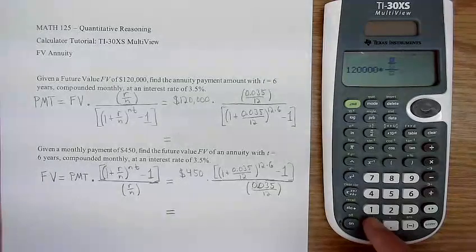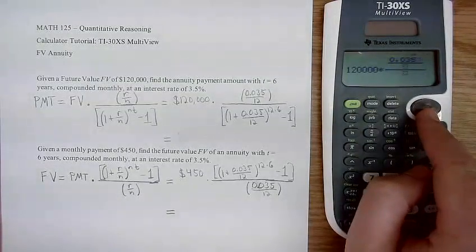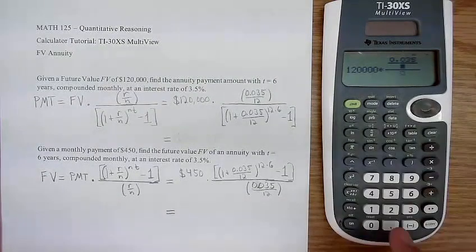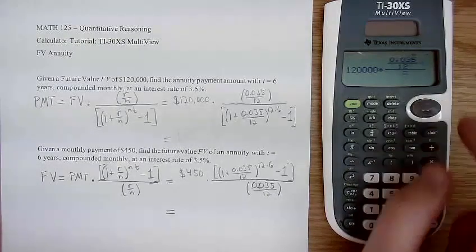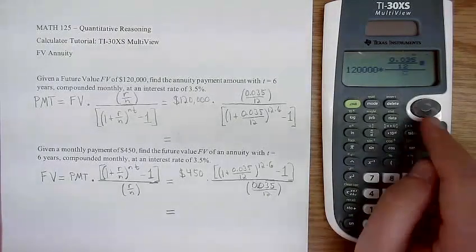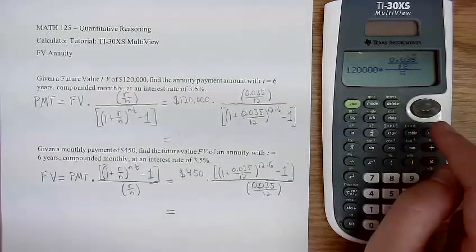And on top, I'll have the 0.035. To get down to the bottom, I will use my down arrow to put me on the bottom of the fraction. I'll put in my 12. Now I need to leave the fraction, so I'll hit my right arrow to get out of it. And now I need to be on the bottom of the bigger fraction, so I'll hit the down arrow again.